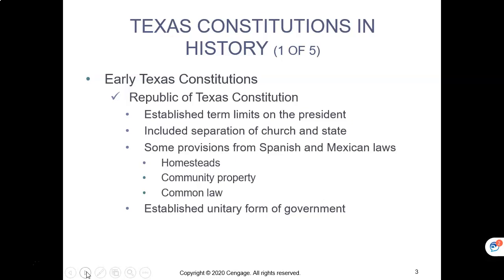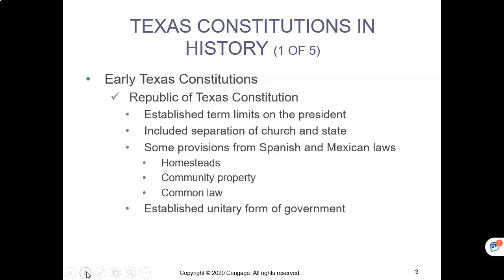He was actually the commander of the army that won the final battle, if we want to call it that, at San Jacinto. Sorry that I'm Texasing that up, San Jacinto. And he was the first president of the Republic of Texas. He was also the third president of the Republic of Texas.